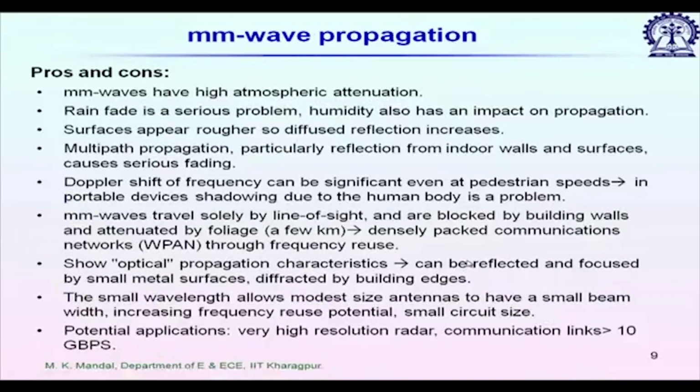So, now what are the advantages and disadvantages of millimeter wave communication? Already we have seen that millimeter waves have high atmospheric attenuation. So, if we increase frequency, attenuation will increase, and not only that, at millimeter wave frequencies we have some transmitting windows. So, for any wireless link, we have to use those windows to get minimum attenuation.